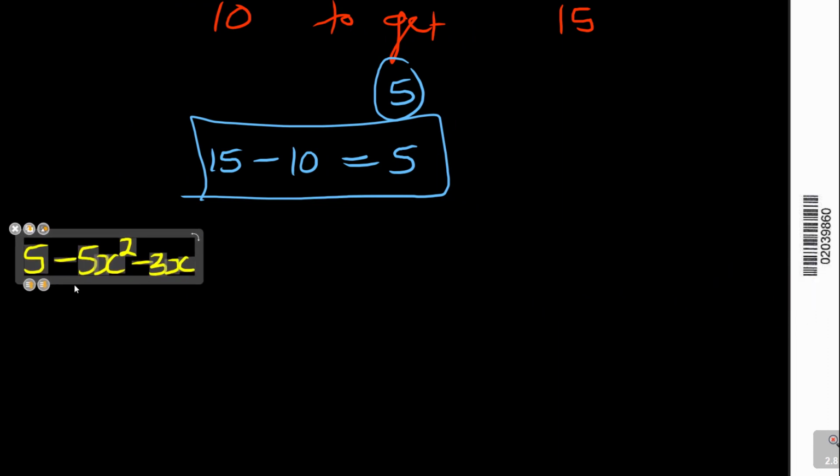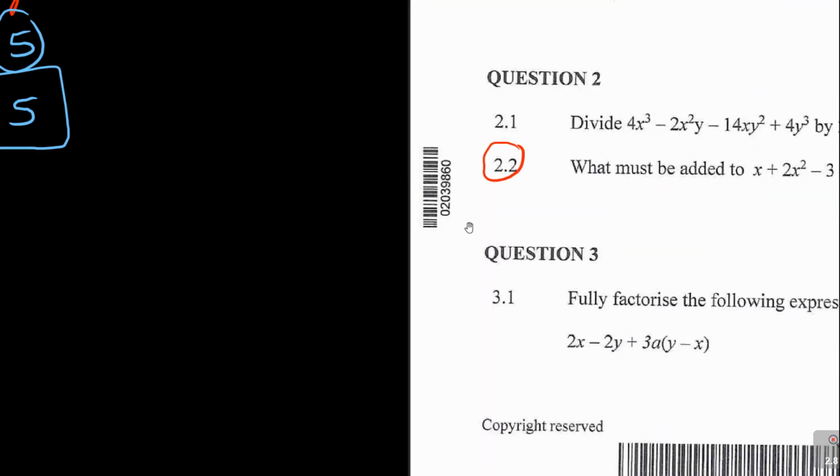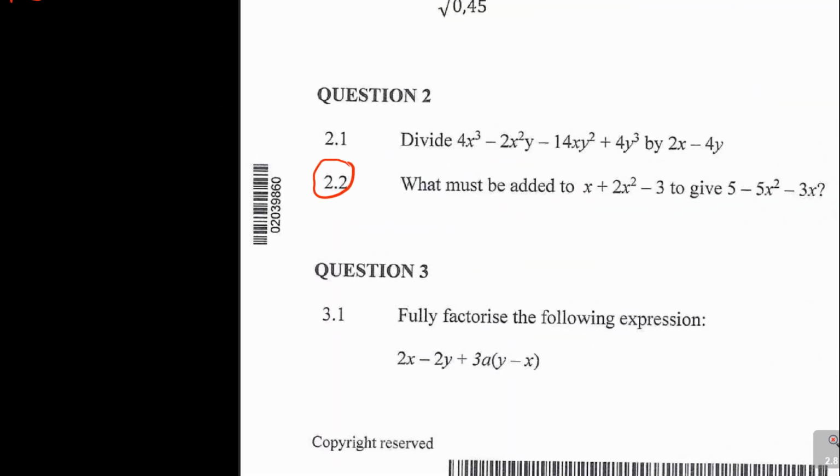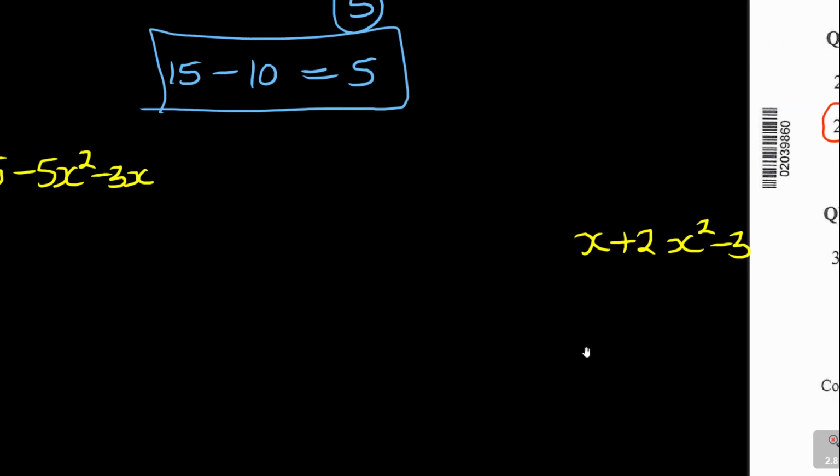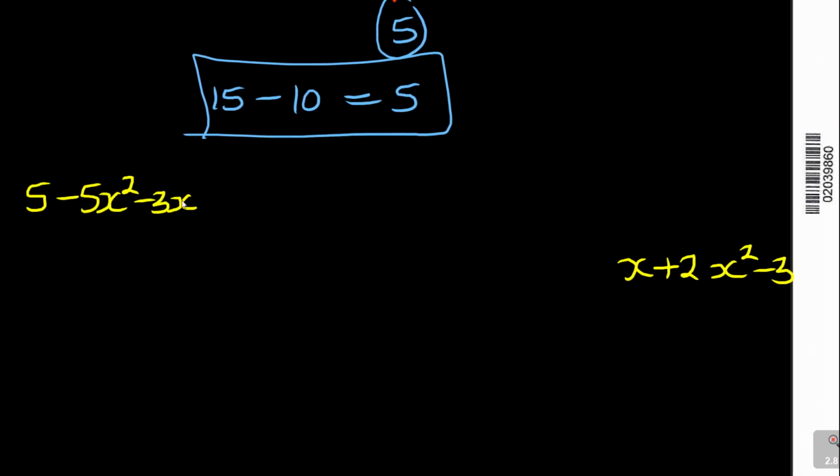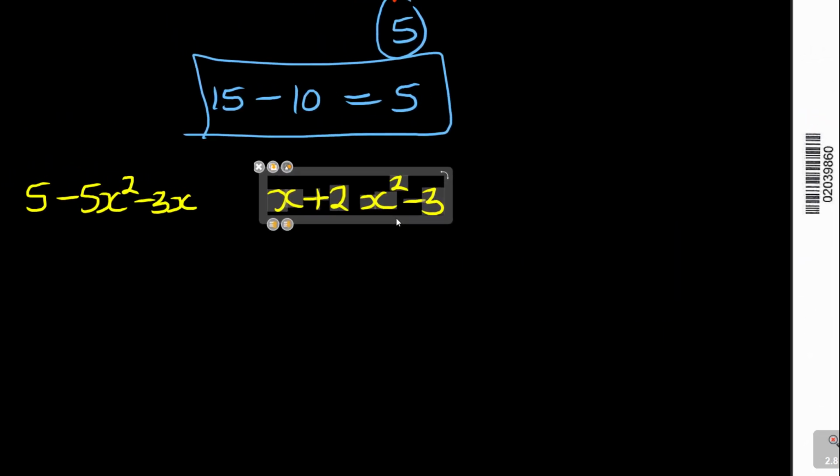And then I bring the other one. The other one is, let's do the same color, x plus 2x squared minus 3. They just wanted to trick you here. Trust me, they just wanted to trick you around, just to play with your mind, you know.